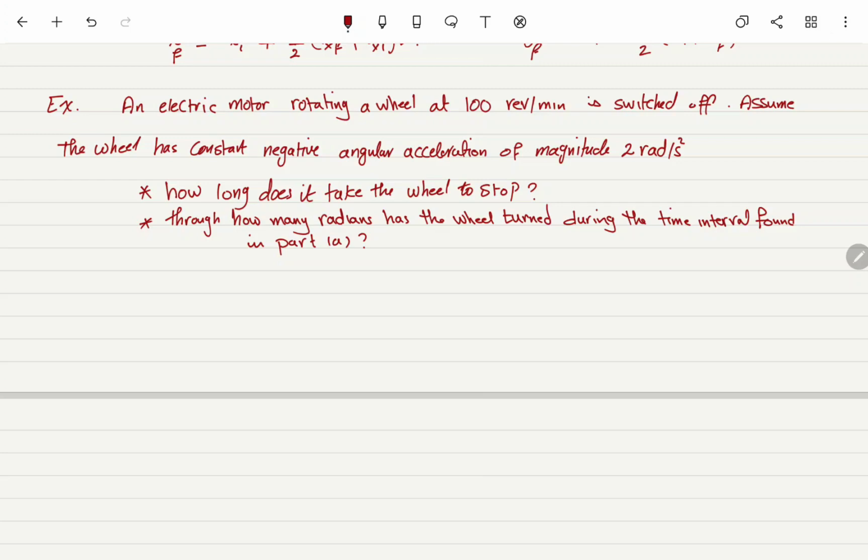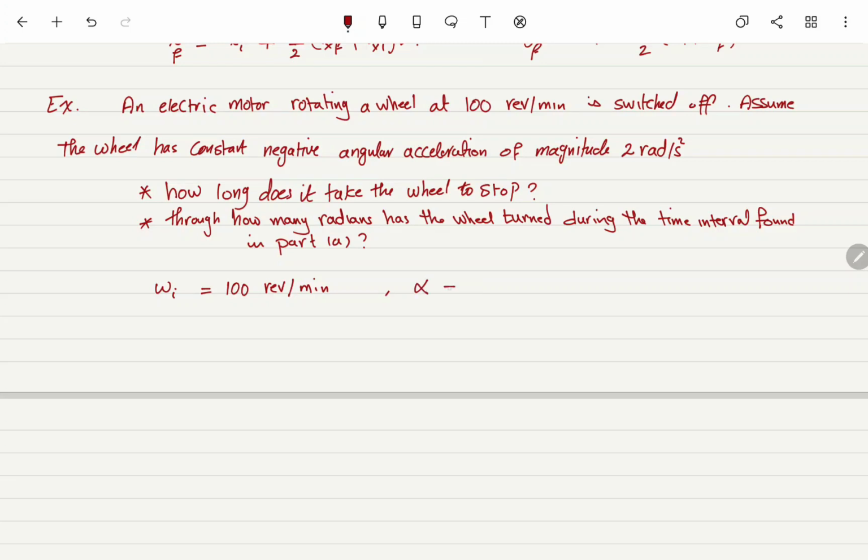Now, the initial angular velocity in this case is given as 100 revolutions per minute, and we are also given a constant negative angular acceleration.